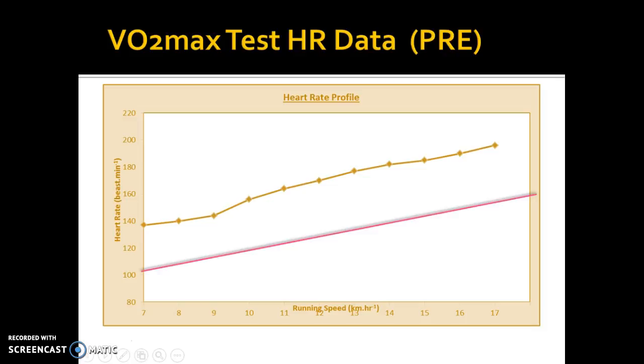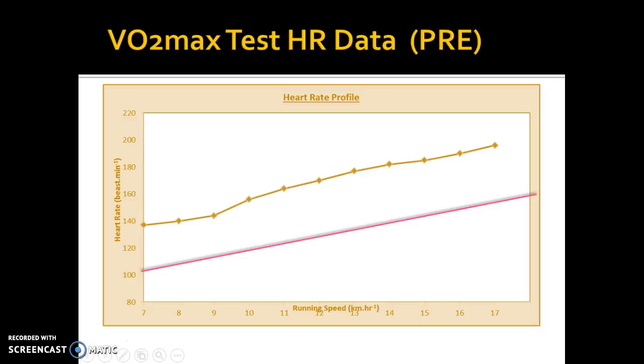This graph shows the increase in heart rate from the start of a period of exercise, the start of a VO2 max test, to the end of a VO2 max test, from before a period of training and after a period of training.